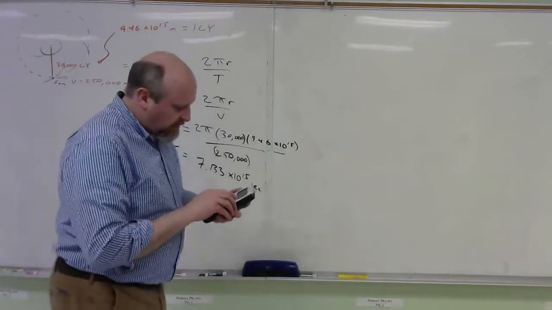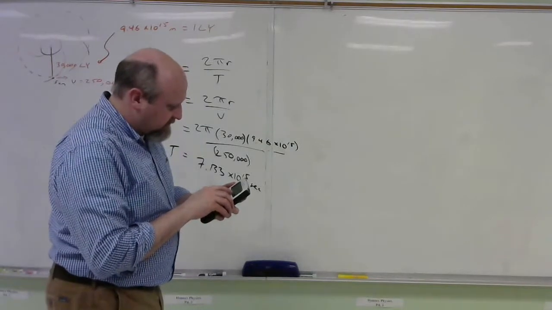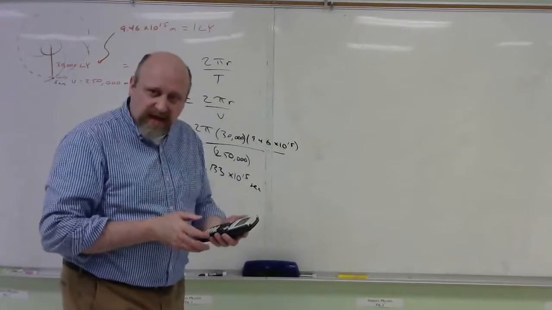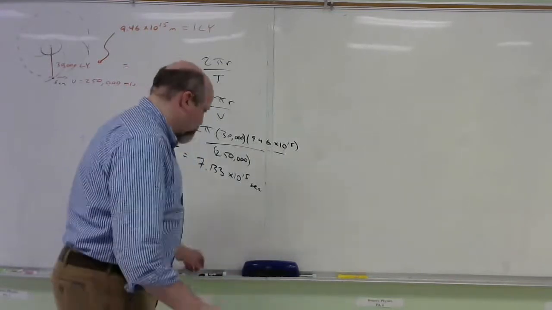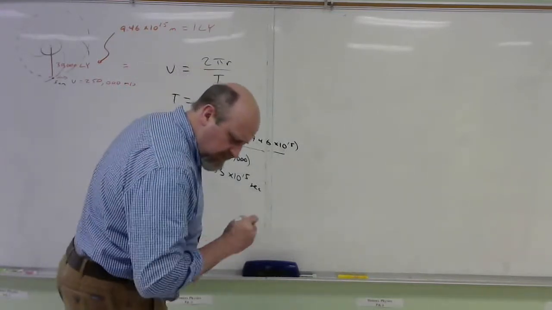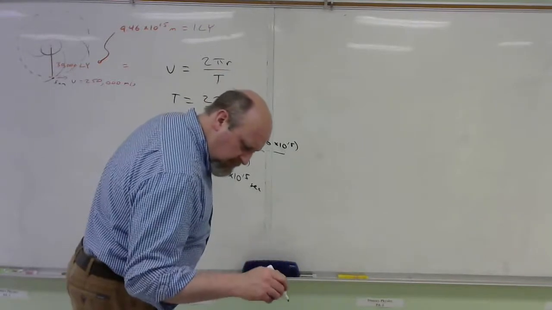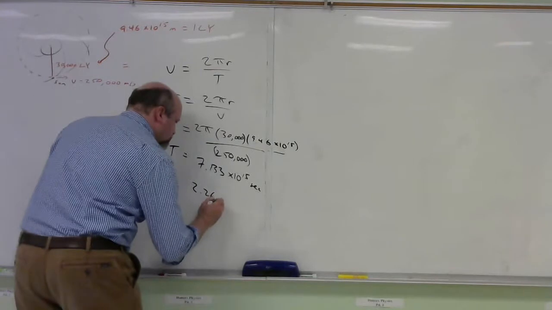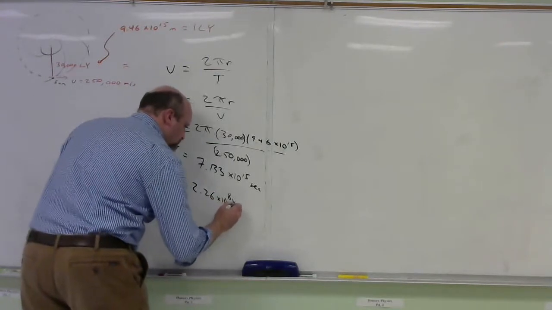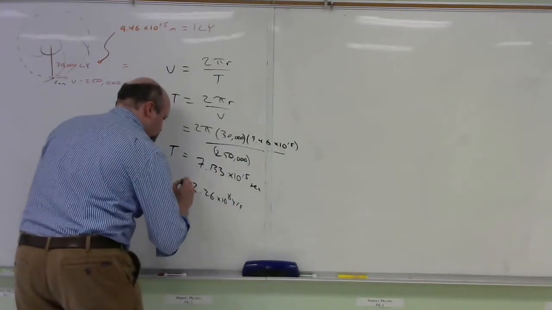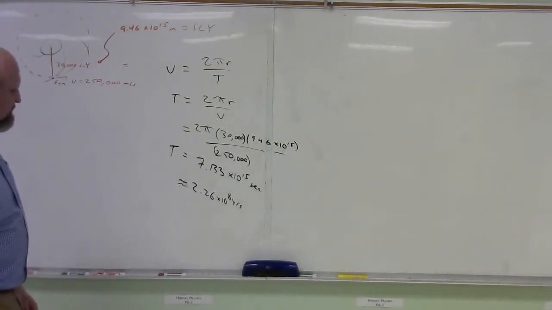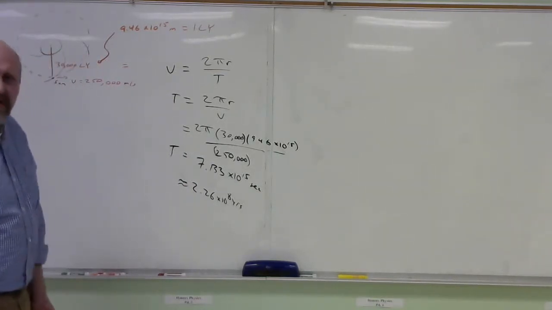And I get a value of 2.26 times 10 to the 8 years. So that's about 226 million years to go around once.